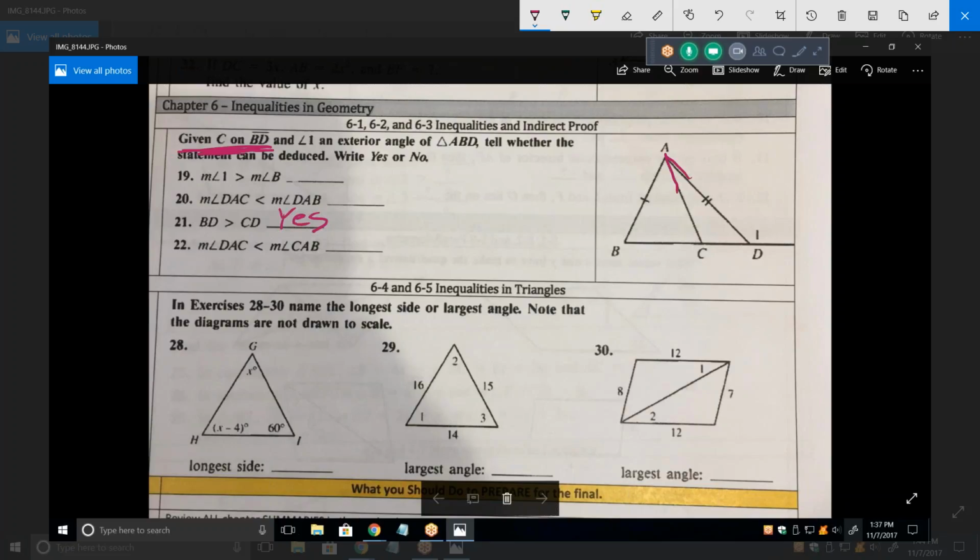Or cannot be deduced. In other words, the way they've drawn it here, yes. But you don't have to draw it this way. What if I draw it this way? Nothing in the world says that it has to be the way they drew it.